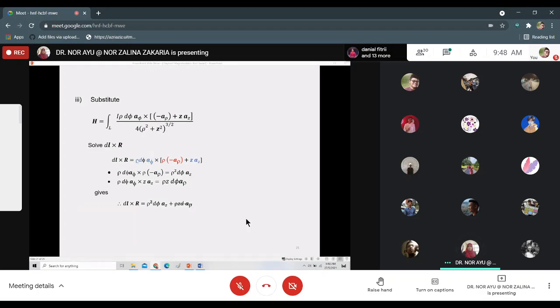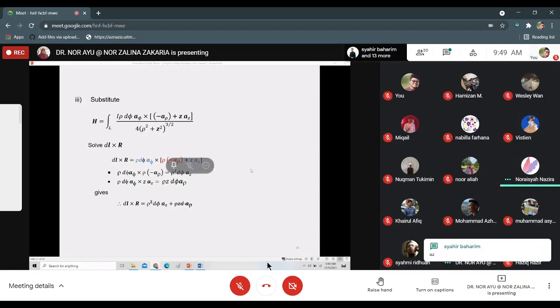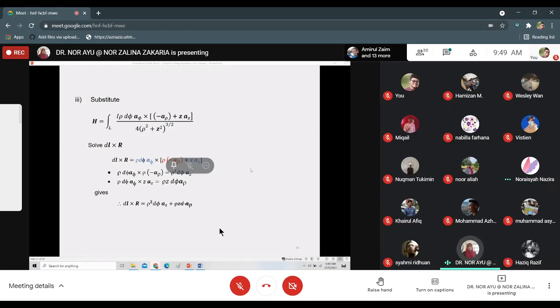Okay, so how to do the cross product? So you can see here rho dV AV. So AV cross dengan A rho. So what will you get? AV dengan A rho, kamu dapat apa? Negatif AZ.